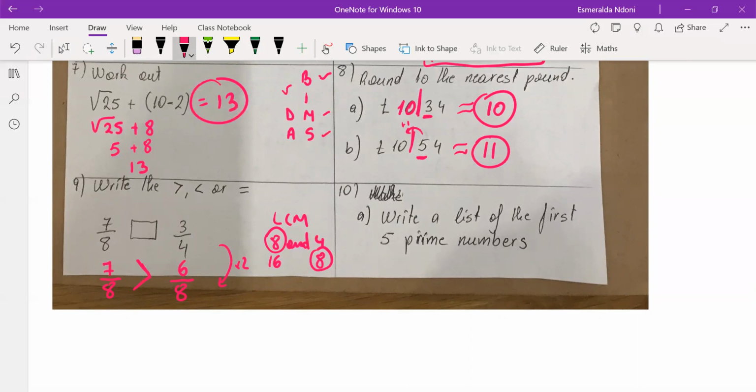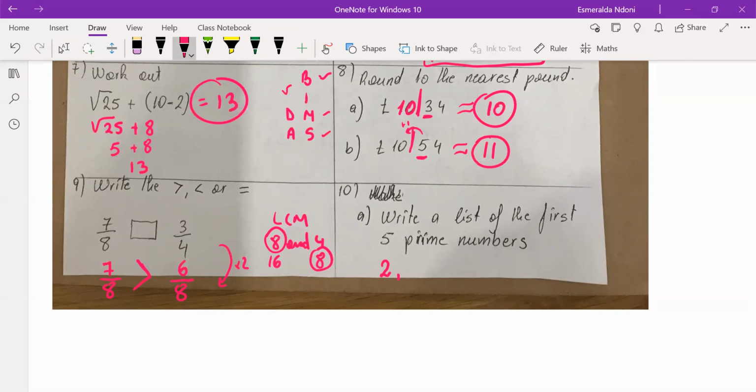Question number 10. Write a list of the first 5 prime numbers. We have learned from Clevy that 1 is not a prime. So let's just write the other 5. We'll start with 2. Just a reminder that primes are numbers who only have 2 factors, 1 and themselves.